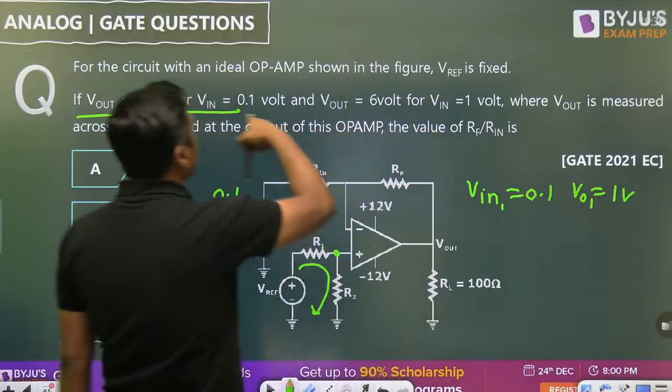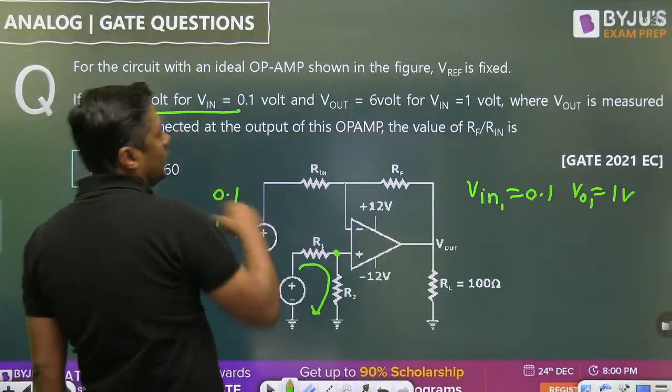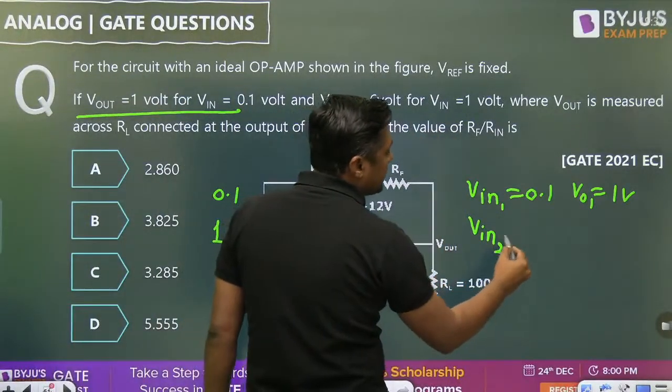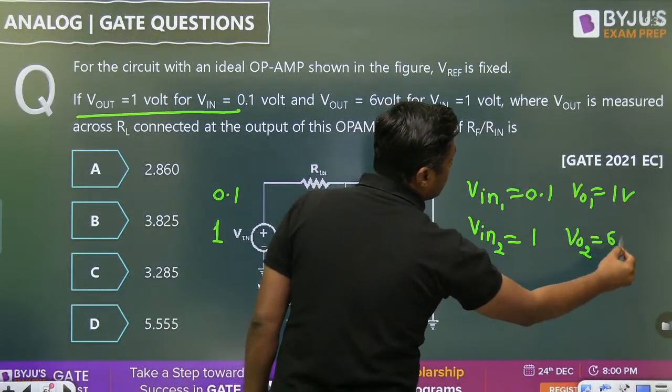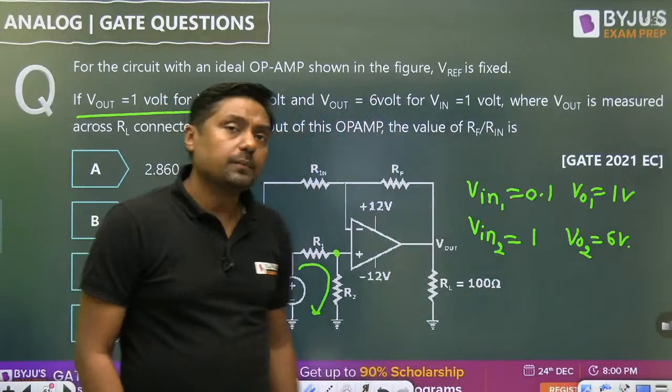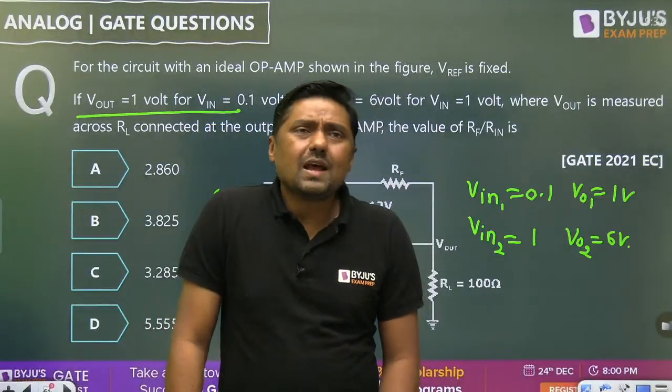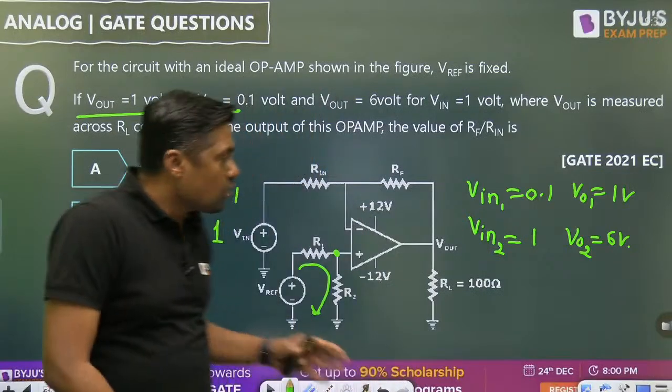When V in increases to 1 volt, V out increases up to 6 volt. I am just giving you the concept of how to solve this particular question.